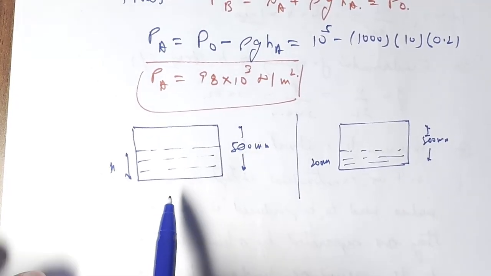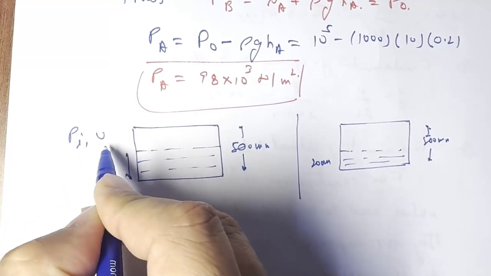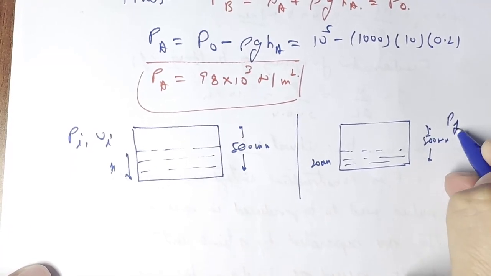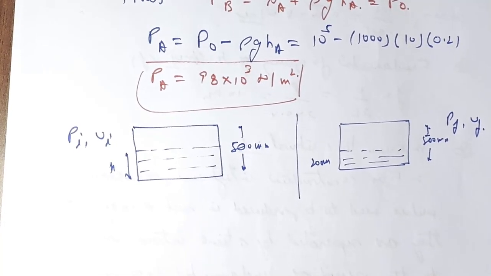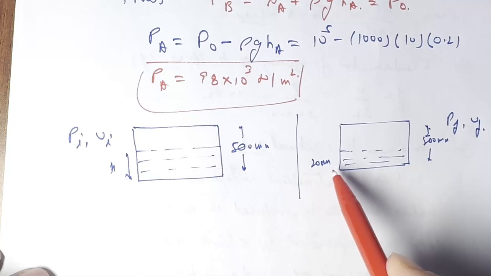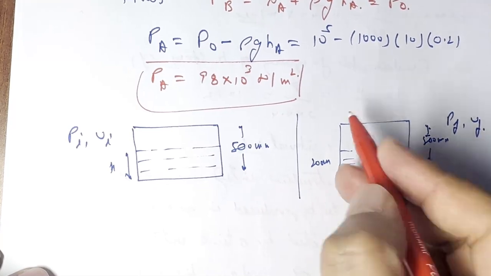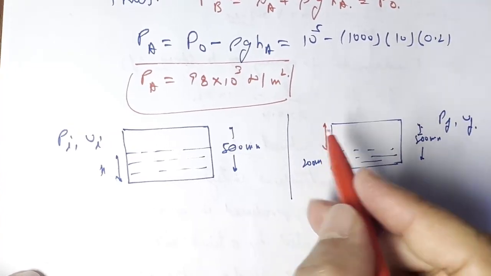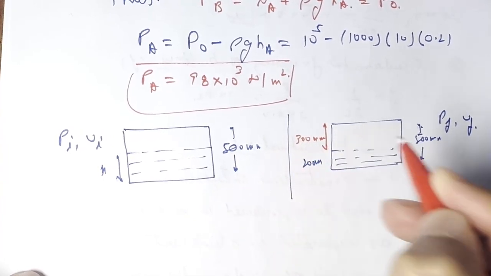So like I said, this is our initial condition, with initial pressure and initial volume, and this is our final condition, with final pressure and final volume. From here we can see total height is 500, the liquid level is 200 mm, so this height will be 5 minus 2, that is 300 mm.